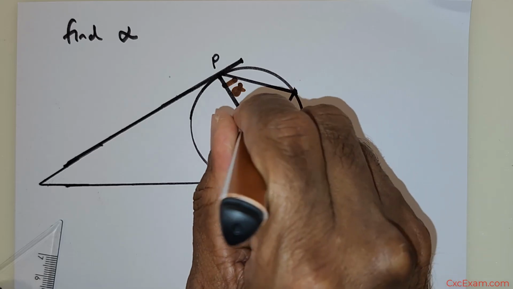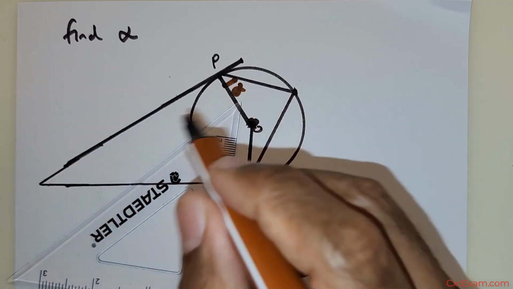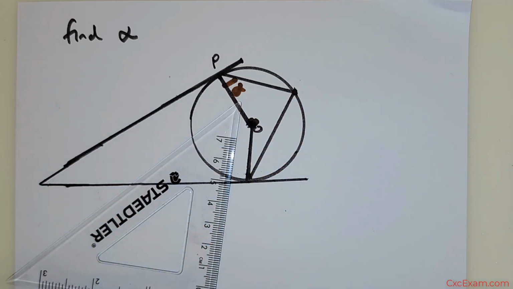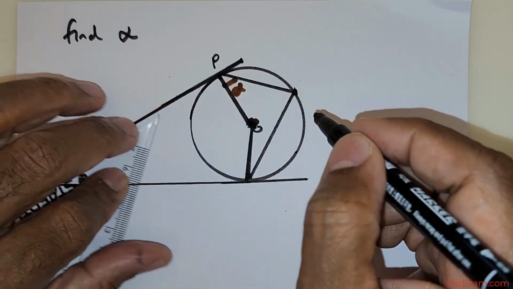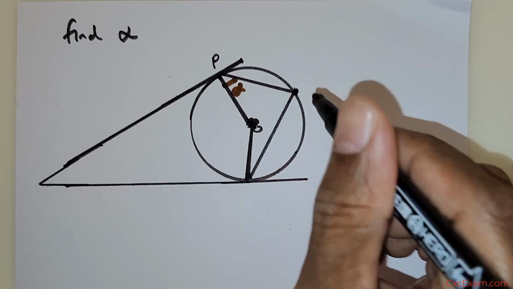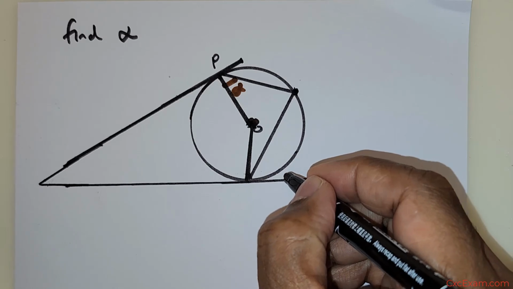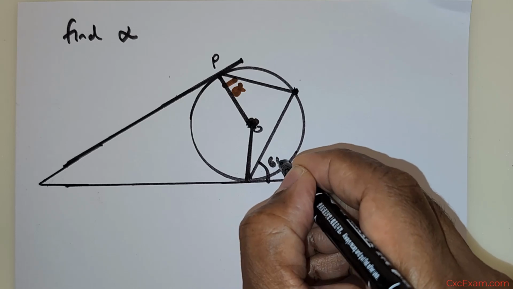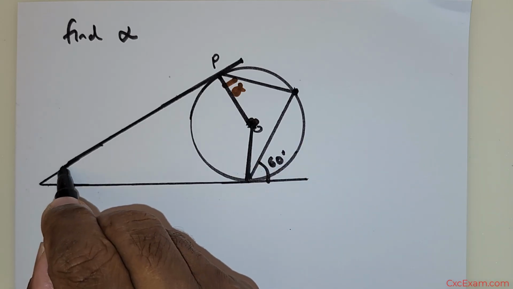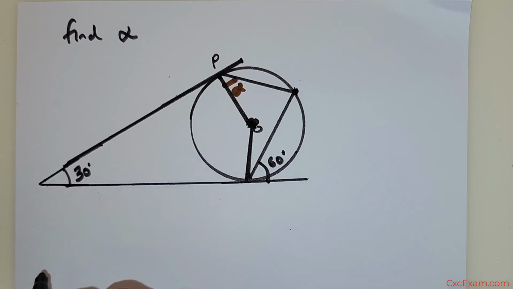Okay, so we are given this angle as 60 degrees. This angle is given as 30 degrees.